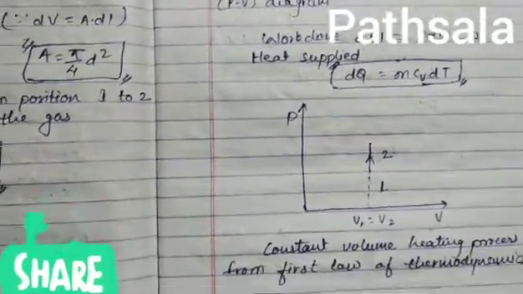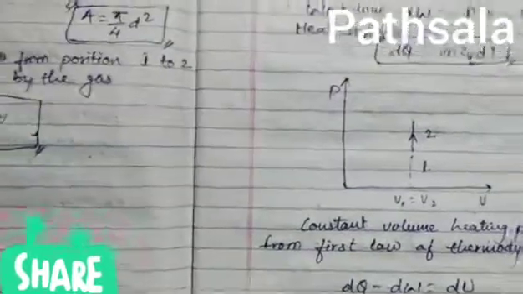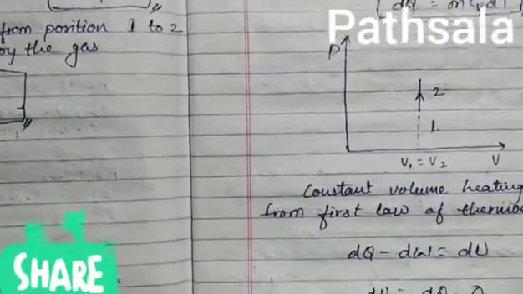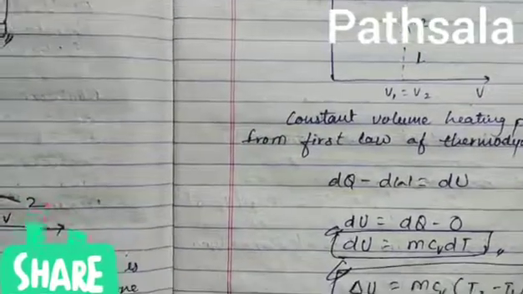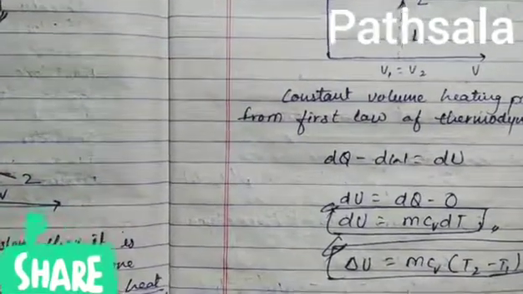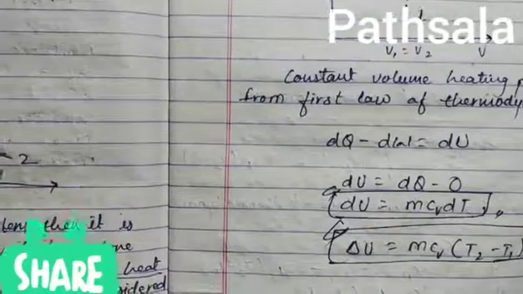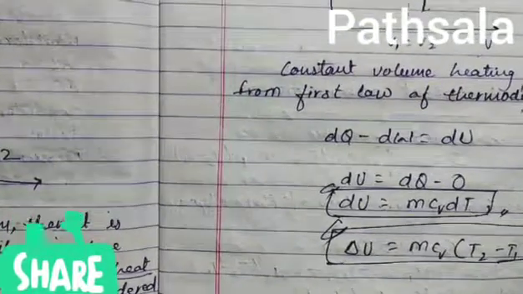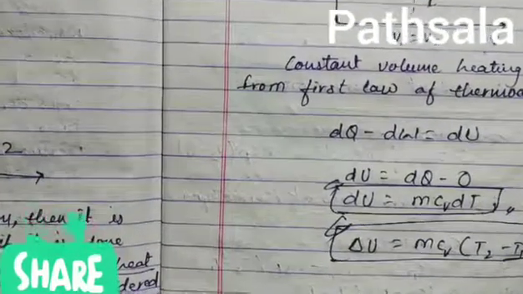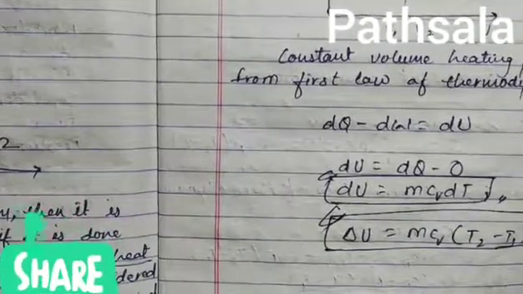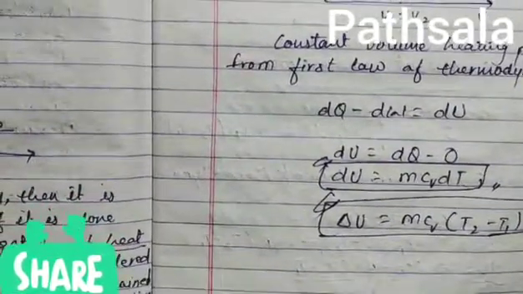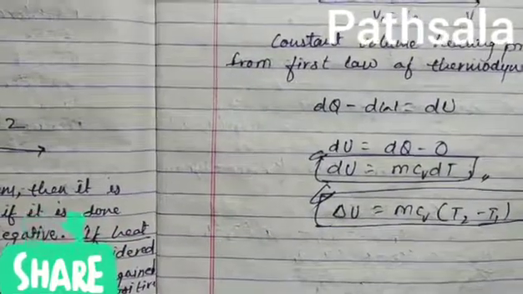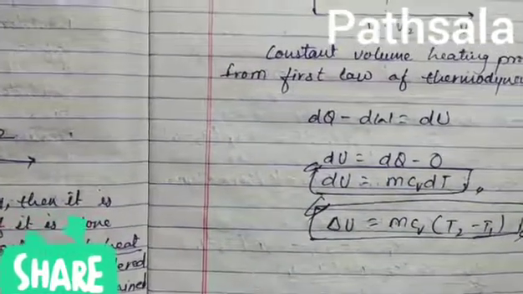You can see in this PV diagram, constant volume heating process: from the first law, dQ is equal to dW plus dU, so dU is equal to dQ minus 0, as dW is equal to 0. So dU, the internal energy, is equal to m Cv dT, that is m Cv (T2 minus T1).